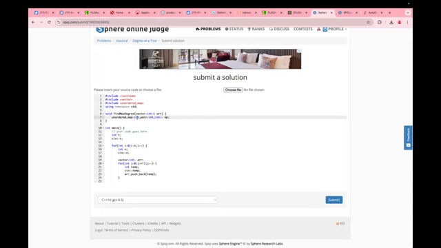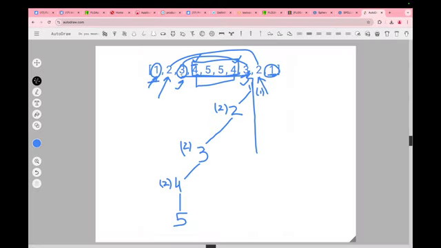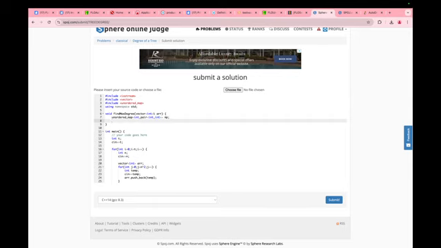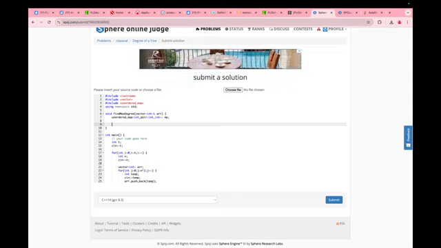This map will have a key-value pair. The key will be the vertex, so let's say the vertex will be 3, and then we will store the appearances, the indexes. For 3, the first element will be the first appearance, and the second element will be the second appearance. Now let's fill this map.